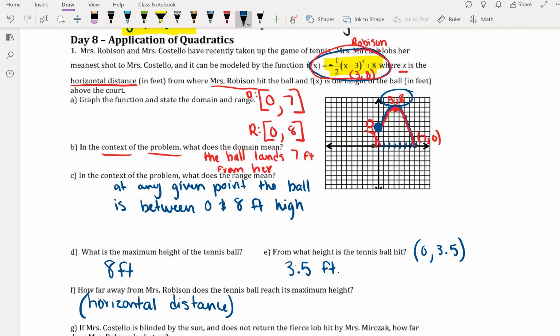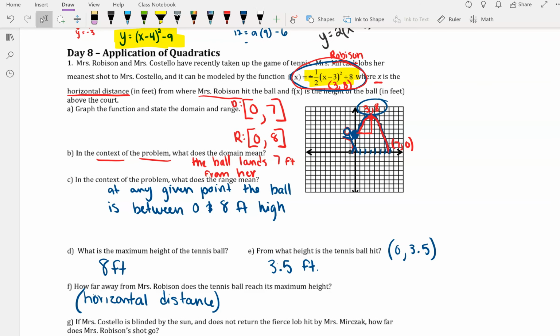So, Mrs. Robinson is standing right here, and we're trying to see how far away horizontally the ball travels before it reaches its maximum height, which was up there at 8. So since that was the point 3, 8, that is 3 feet horizontally away from her.